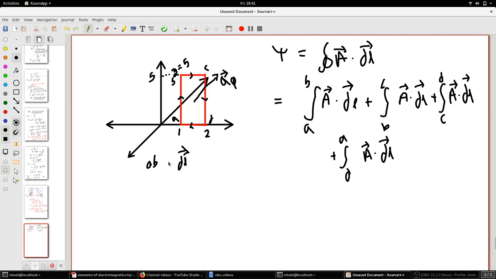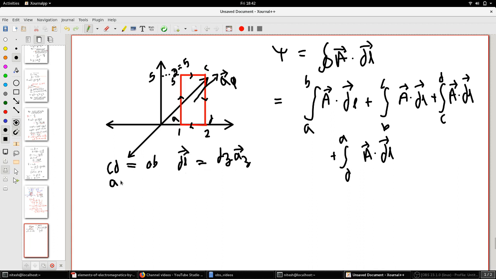Now for AB my dl will be dz az. For AB as well as for CD, dl will be dz az.